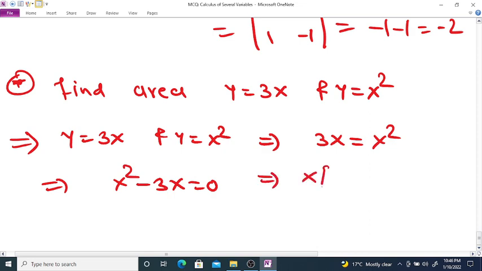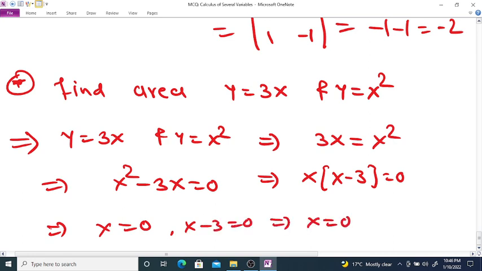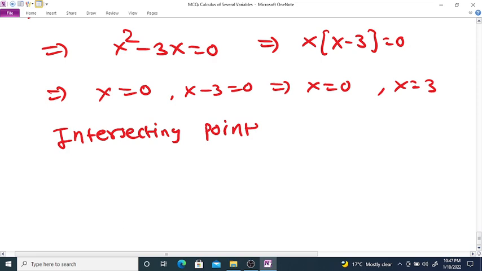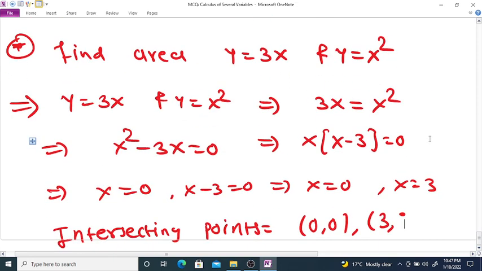This implies x(x minus 3) equal to 0, so x is equal to 0 or x is equal to 3. For x equal to 0, y equals 0. If x is equal to 3, then y is equal to 9. So the intersecting points are (0, 0) and (3, 9).